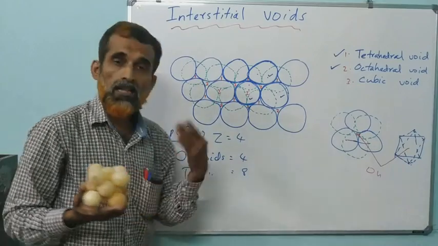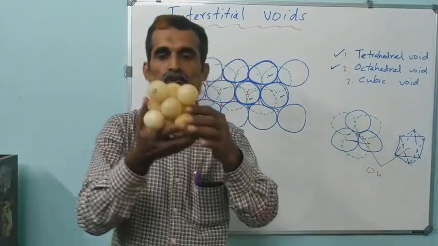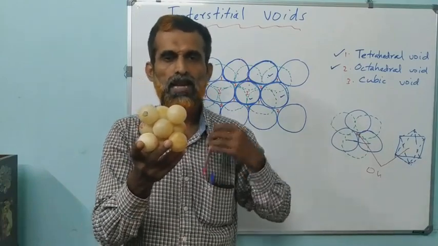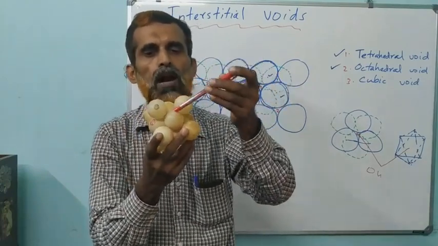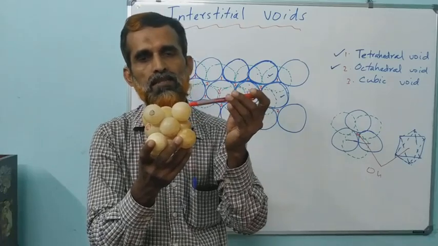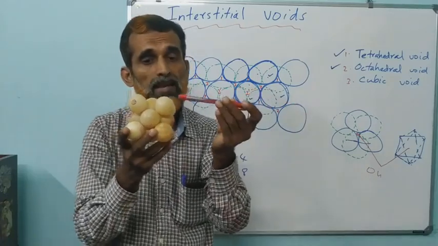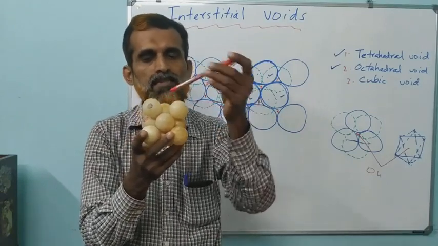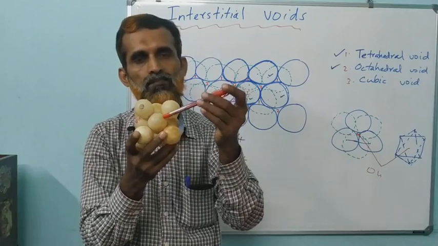So where are these 8 tetrahedral voids? You can see it's very interesting. Look, consider 1, 2, 3 particles in this layer and 1 above it, or behind this corner particle. This is a corner particle, right? You can see there are 3 particles touching.